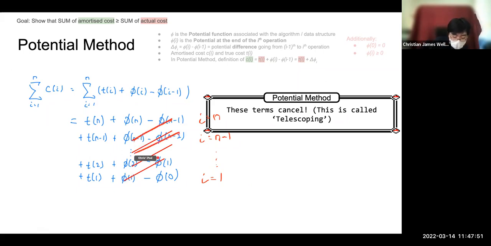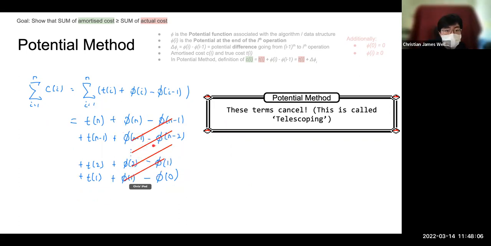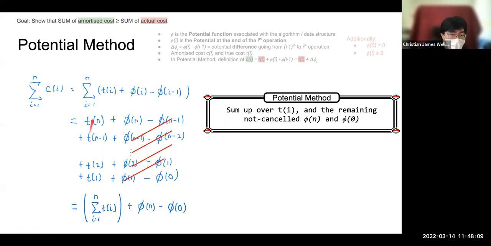It leaves two terms in terms of phi, and everything else gets cancelled away. So we sum up over t_i, and the remaining uncancelled terms are phi of n and minus phi of 0. This is just using the definition, unrolling the loop, and cancelling the math.